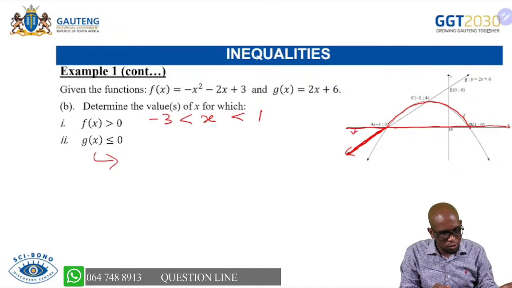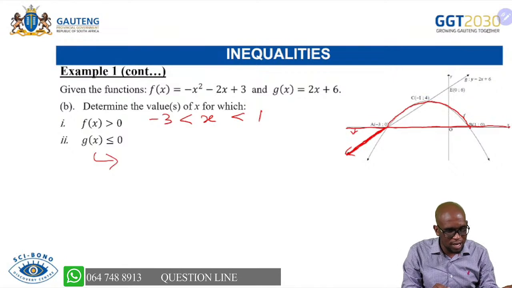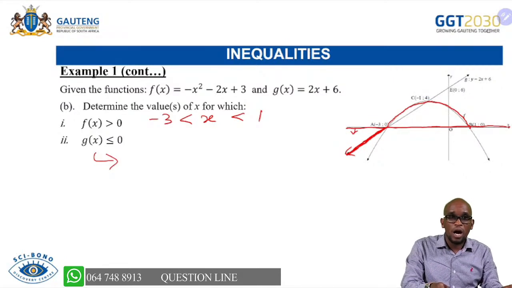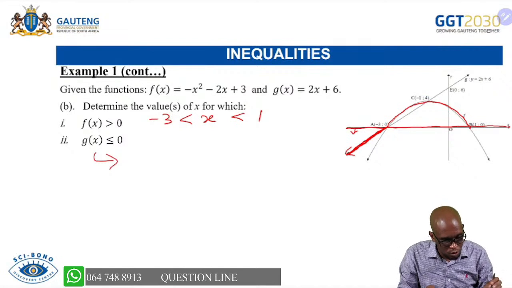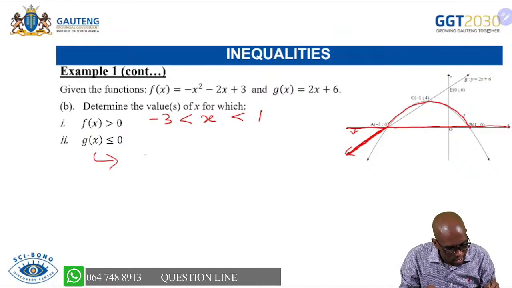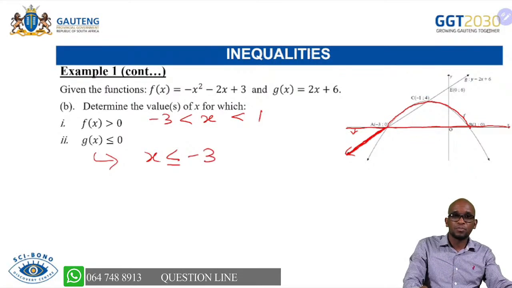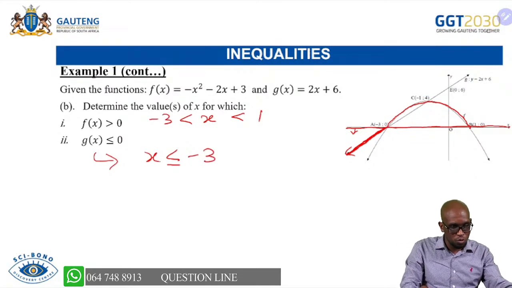So because that portion of the graph is below the x-axis, that is where our solution would lie. So we want to find the values of x for which the graph is below or on the x-axis. So it happens when x is less than or equal to -3. So those are the two solutions for the single bounded functions.